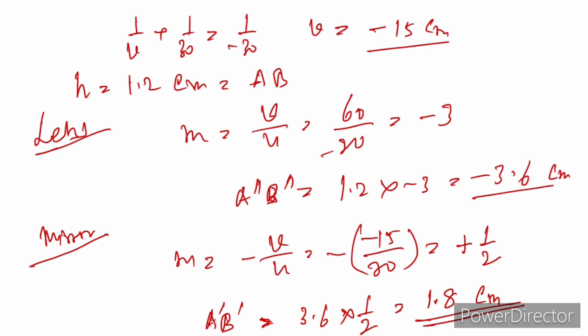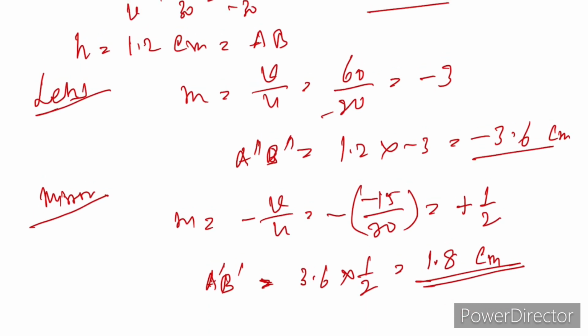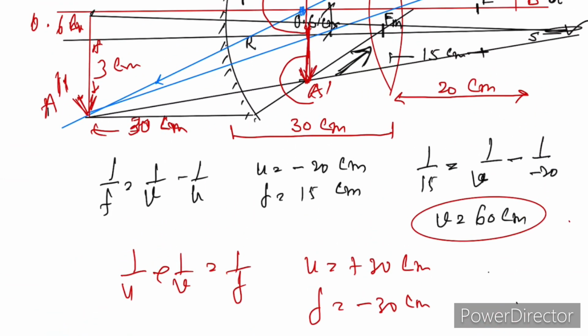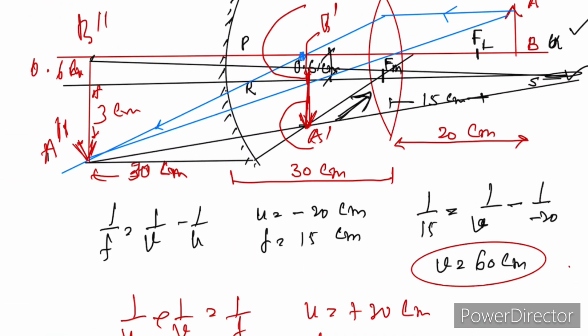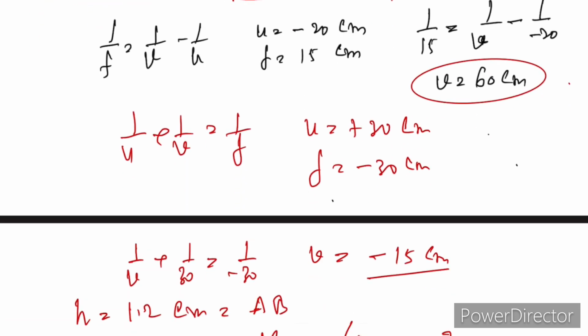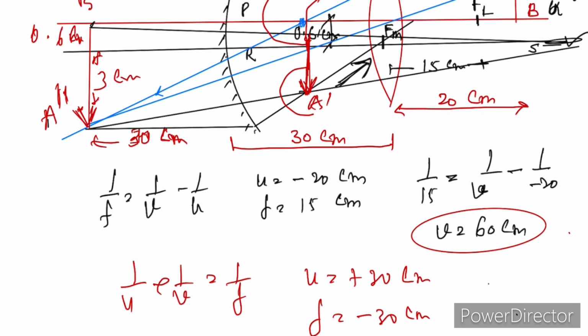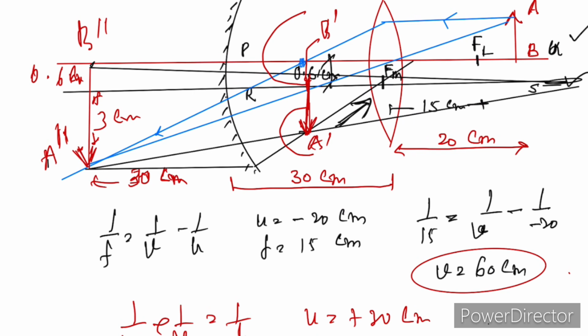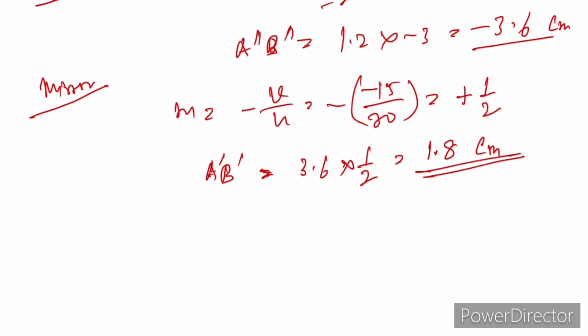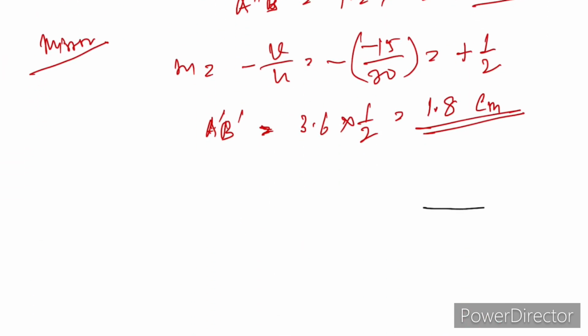Now, if we see in the question, it has been asked what is the image with respect to optic axis RS. So in this figure, if you see, this is 3 centimeter and this is becoming half, correct? So if we see the image like this, this is suppose RS.